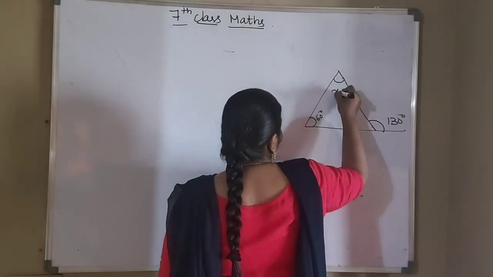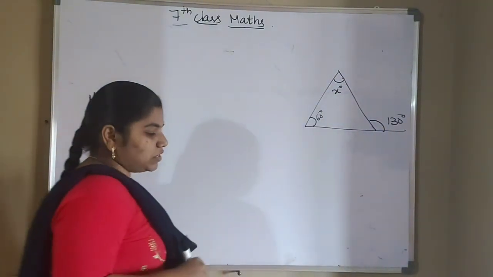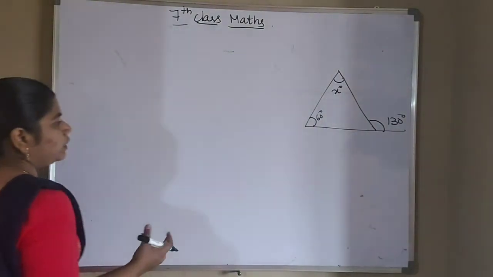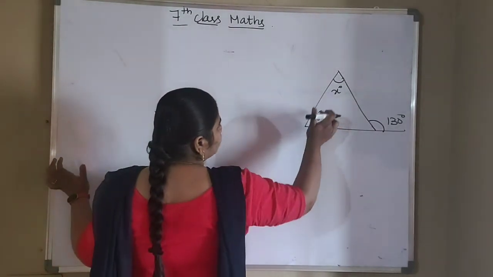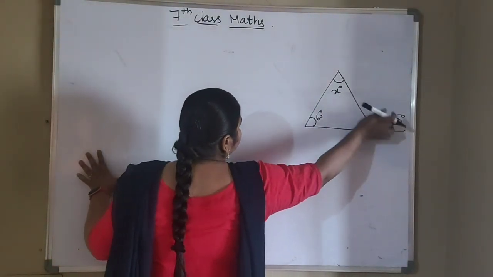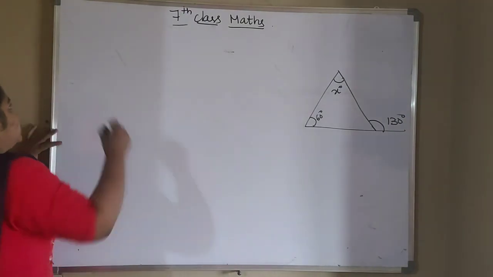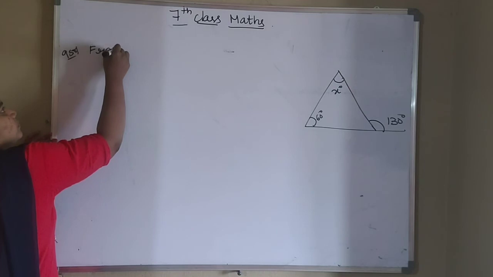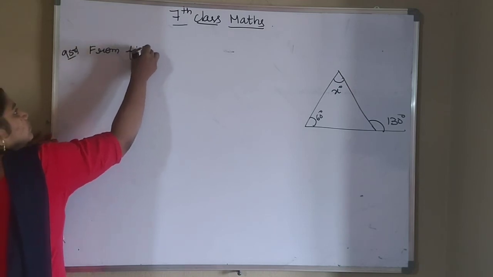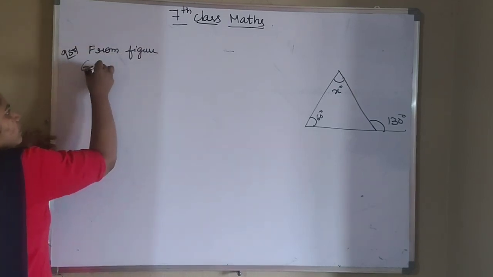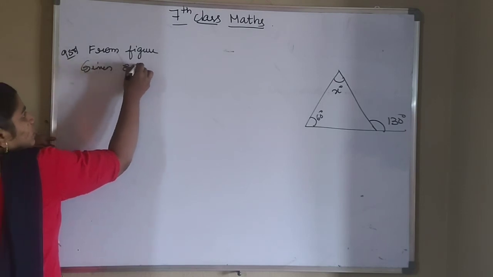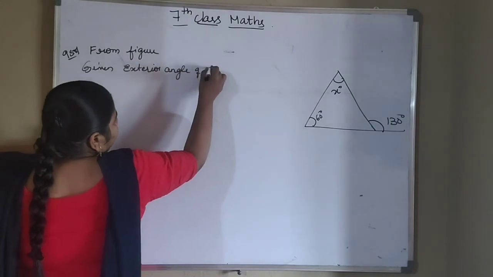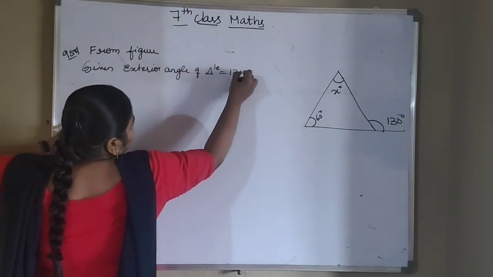So this one I am taking as X. Which part we have to find? We have to find this X value. So by using again the exterior angle property, the sum of two interior angles will be equal to the exterior angle. So 9th solution, from the figure, given exterior angle of the triangle as 130 degrees.